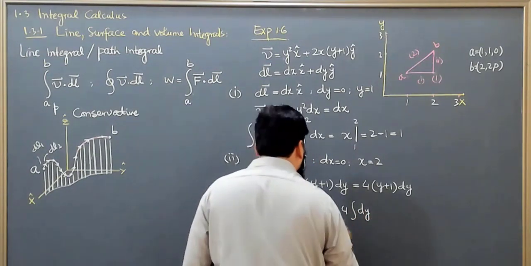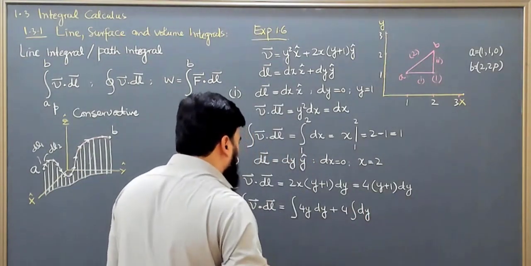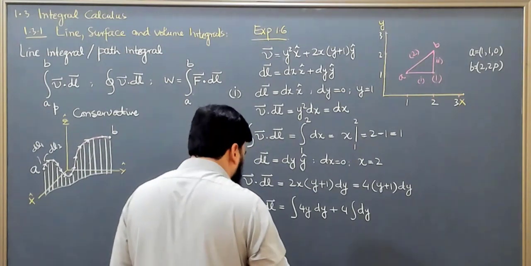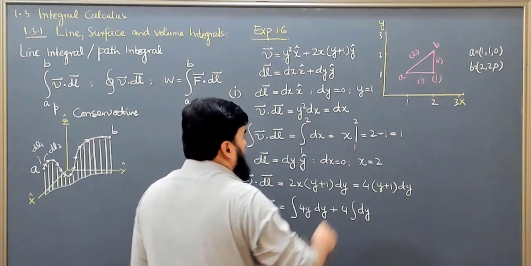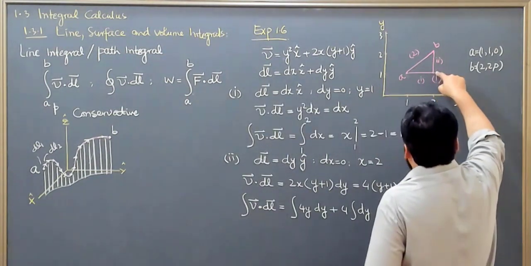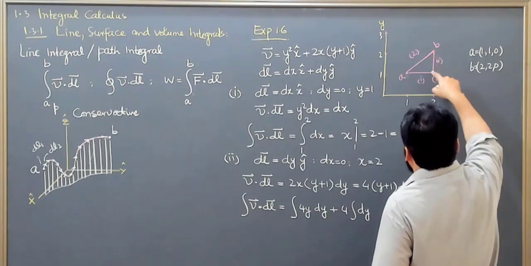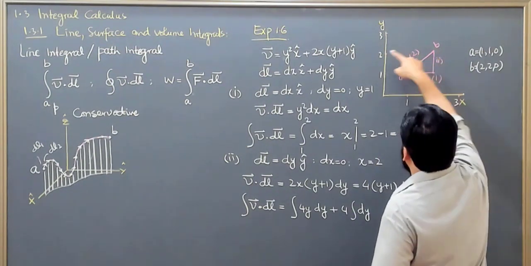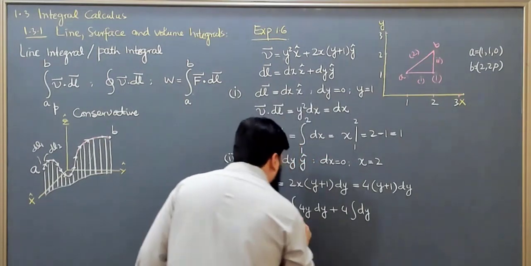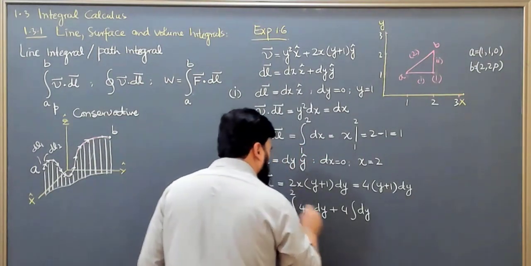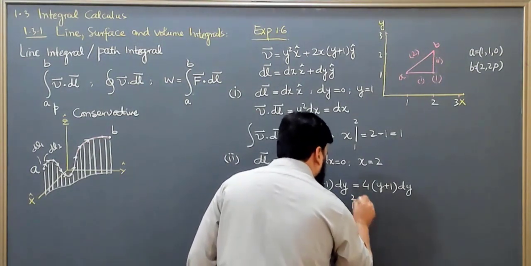Now I know that when I'm moving along y, y is changing from 1 to 2. So the integral limits are from 1 to 2 here, and 1 to 2 here.